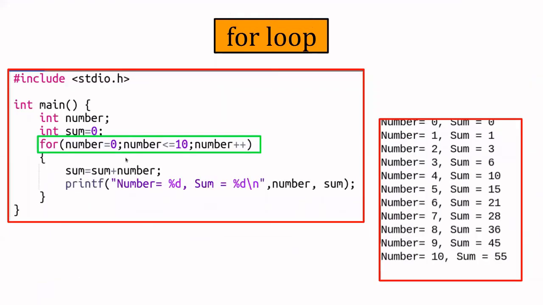This is where you can see the for loop. For loop means we declare number and int sum equals 0. Normally we should initialize all the variables to 0 or some assigned value, because otherwise sometimes it will assign some garbage value.